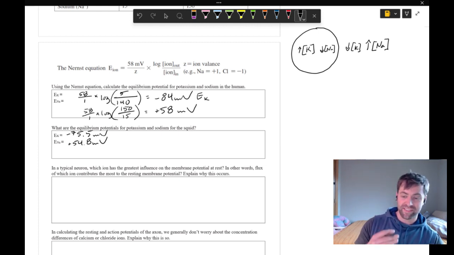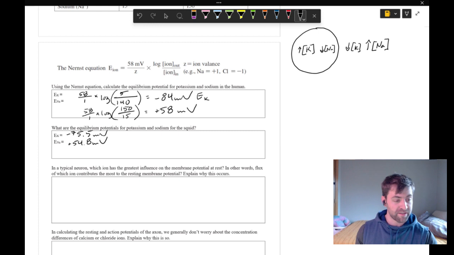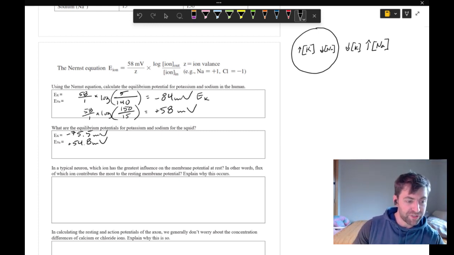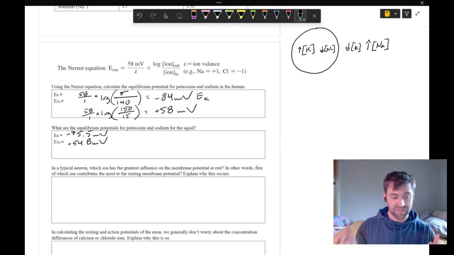And what this tells us is that the neurons behave very similarly across species. So values in this range are typical for most neurons. The difference in actual concentrations of the ions, human system versus squid system, can be accounted for because the squid is a marine organism and the sodium and potassium concentrations in the ocean are playing a factor here in the excitability of these membranes.